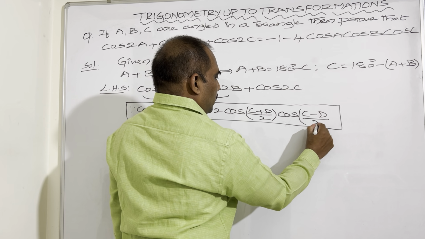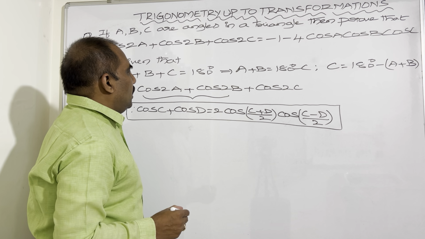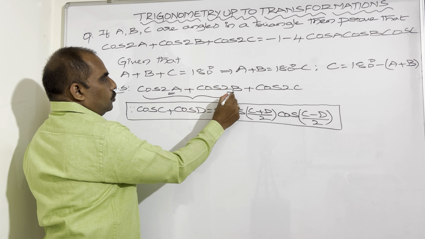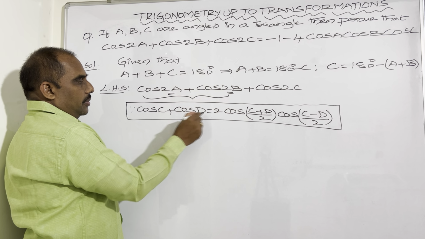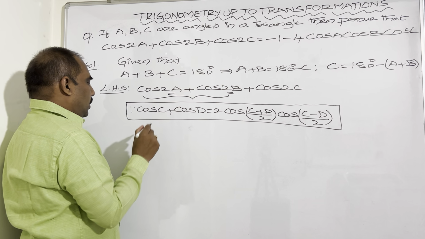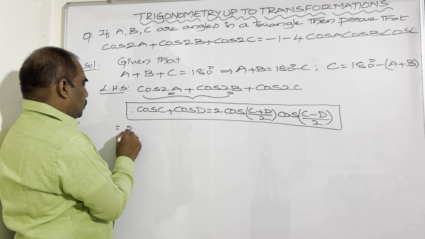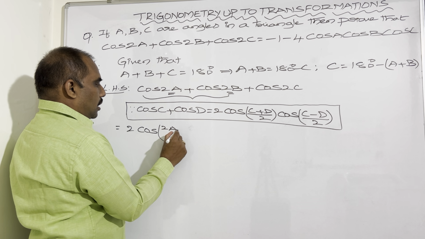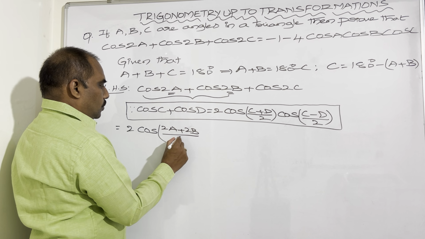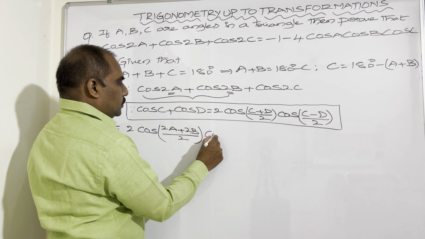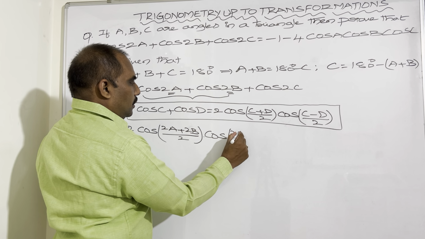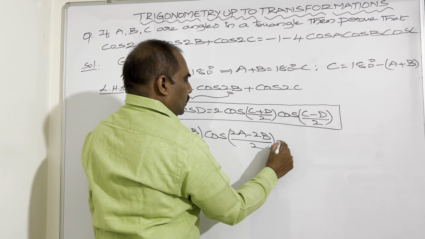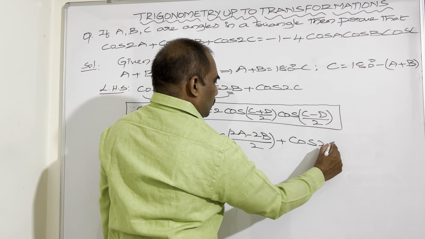Now what is C here? C is 2A and D is 2B. So operating this formula for these two terms, we get 2 cos of (2A plus 2B) by 2 into cos of (2A minus 2B) by 2, and plus cos 2C.